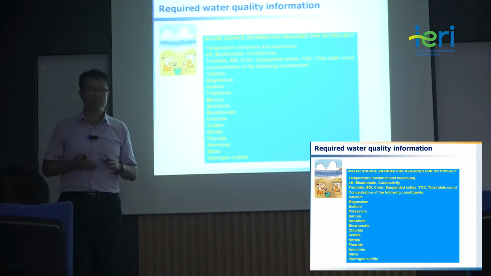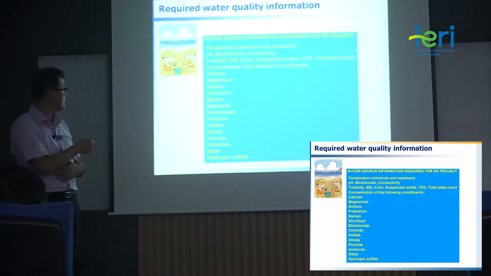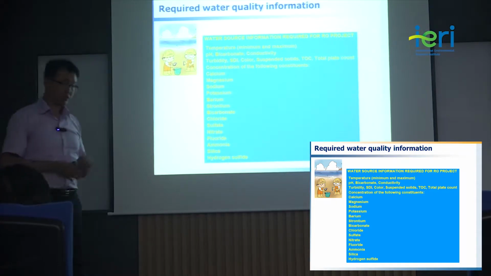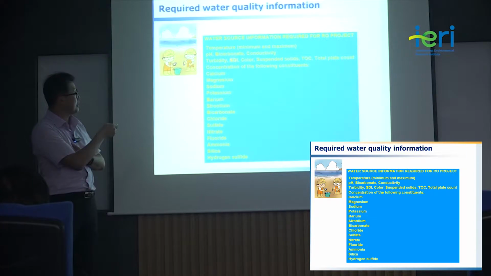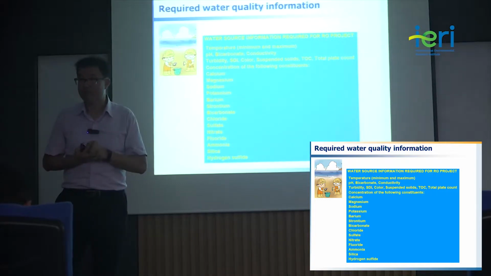Barium, strontium, bicarbonate, calcium, and magnesium are related to scaling. Turbidity, SDI, color, suspended solids, and TOC are closely related to pretreatment.